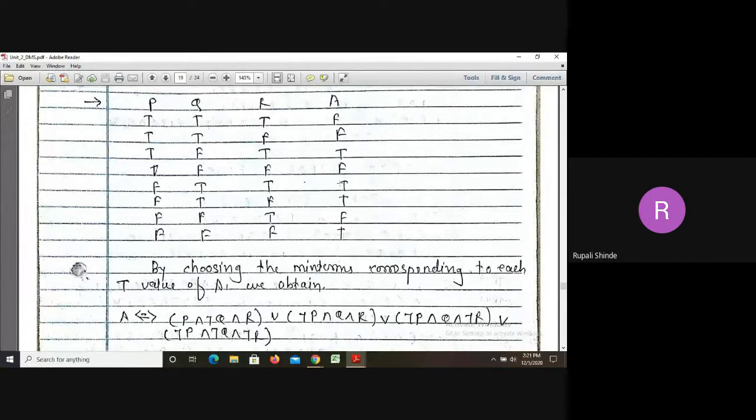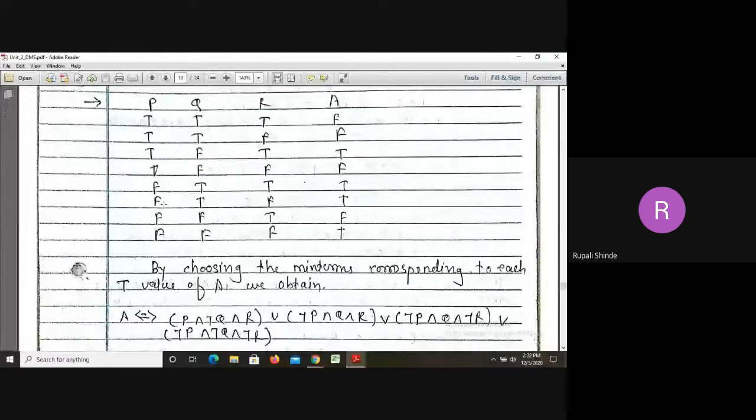Now check. The second T is written here, and for this T, the combination of PQR is FTT. So for this F, we have to take negation of P. So negation P and Q and R. This is our second minterm. Now check the third one. The third T is written here, and for this T, the combination of truth values is FTF.